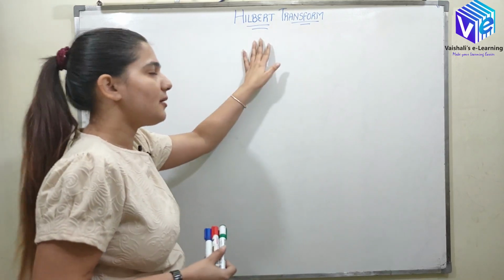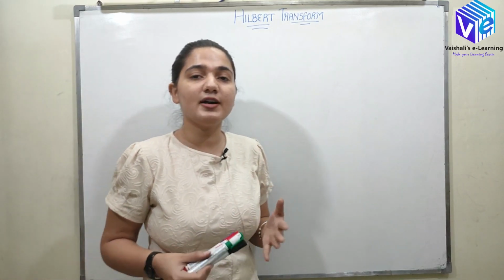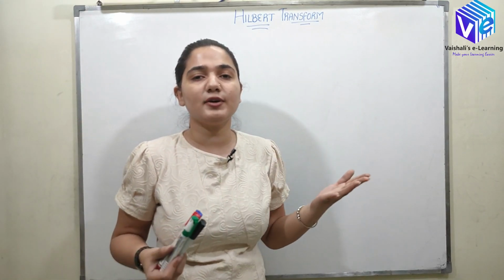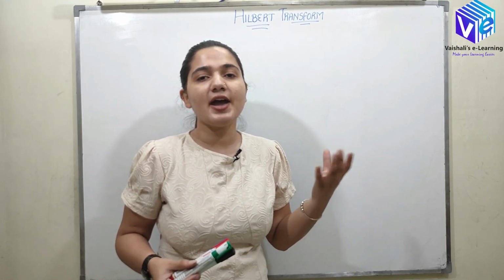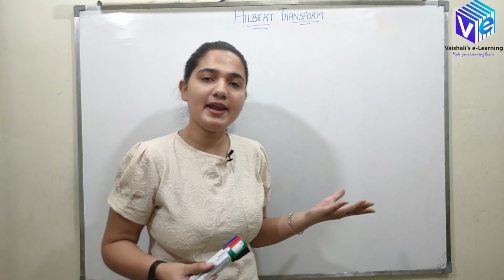Now here the Hilbert transform does not convert the signal from one domain to another. Rather, it changes the phase of each and every component of the signal by 90 degrees.